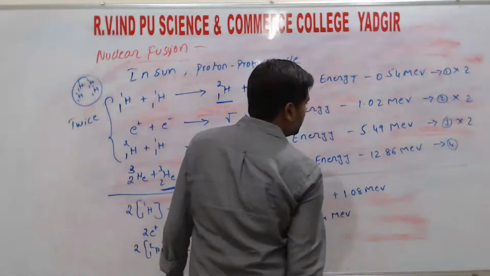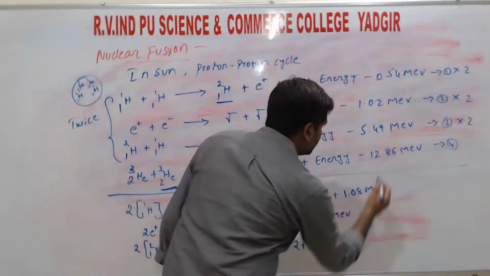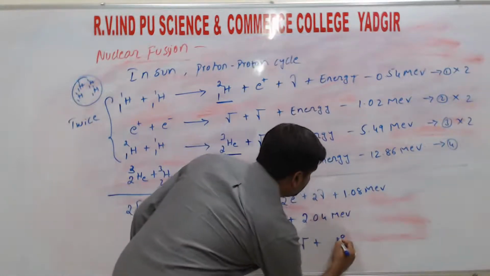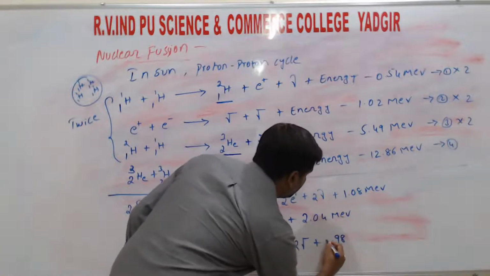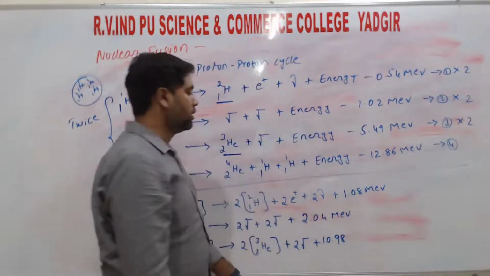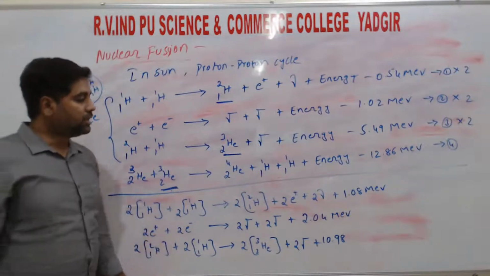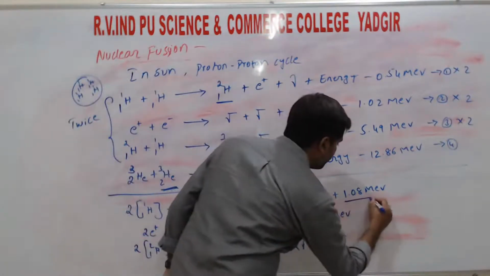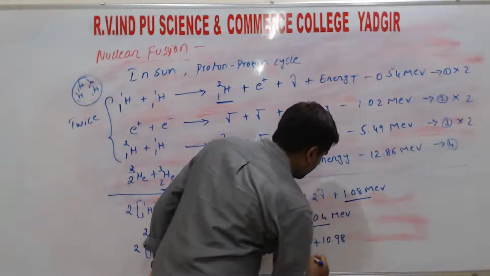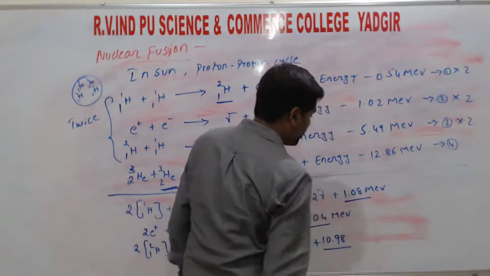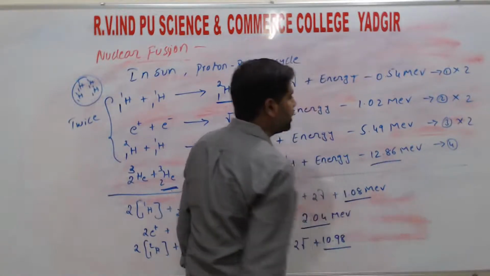So 5.49 into 2, that is 10.98, right? Now we need to add these energies: 1.08, 2.04, 10.98 and 12.86.